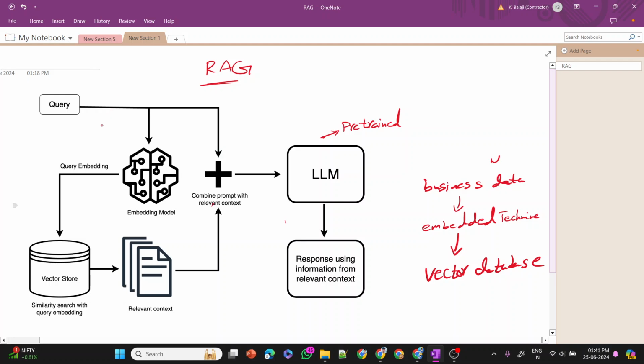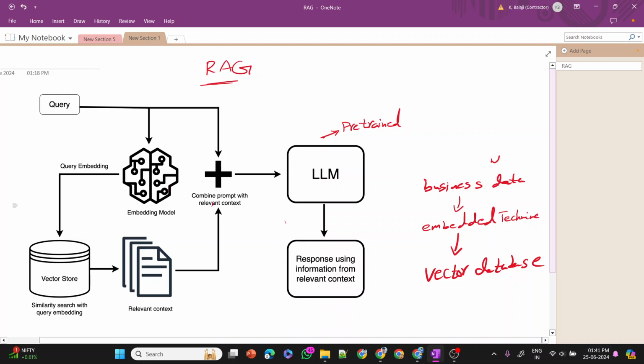That means outside data means the vectorized data that was stored in the vector database, and it performs a specific task by adding the relevant content that was retrieved from the vector database and the query that was asked by the user.